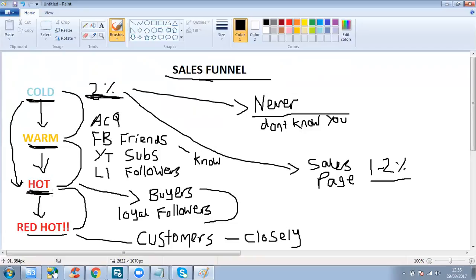Hot is going to be more dating. Red hot is going to be marriage. These are your lifelong customers or your lifelong team members or your lifelong friendships, lifelong relationships. People who are in your family could actually be warm, or if they're skeptical, or they could be hot, or they could be red hot.